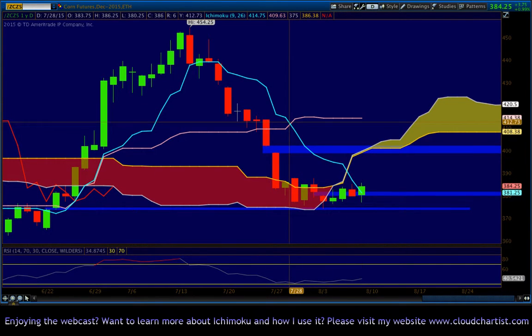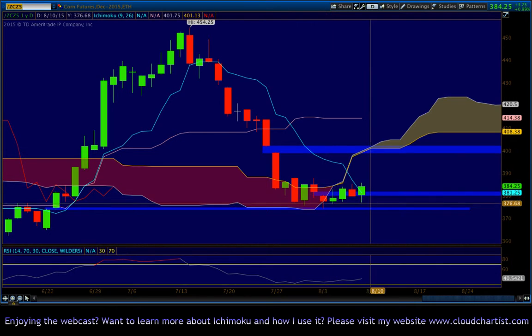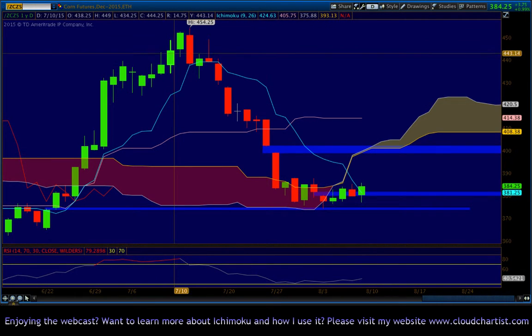We got a bear cross at the end of July, on the 29th, here on corn, and it's been a bear cross ever since, and the Tenkan-sen has been going lower, not bullish. But we'll see what happens with the Tenkan-sen and with price on corn and see where we can go next. All right, let's go to soybeans.